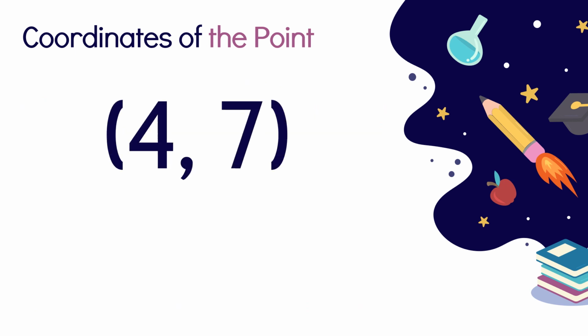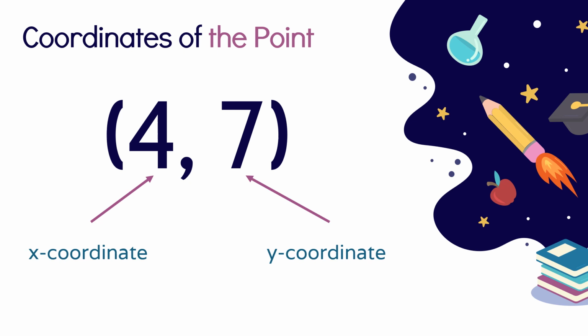For the point (4, 7), 4 is what we call the x-coordinate, and 7 is what we call the y-coordinate. It is also important to note that various names are used to describe the x and y axes. The x-axis is often called the horizontal axis or axis of abscissa, and the y-axis is called the vertical axis or axis of ordinate.